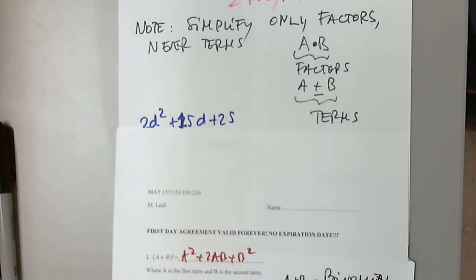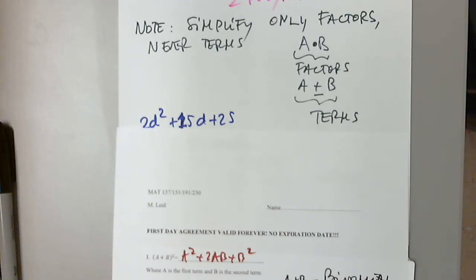This is extremely important to remember moving forward. However, what I would like you to remember is not a and b. I would like you to remember it like this, and I'm going to write it for you. First term, whatever it is, plus the second term, whatever it is. The answer is the first term squared plus 2 times the first times the second plus the second term squared.